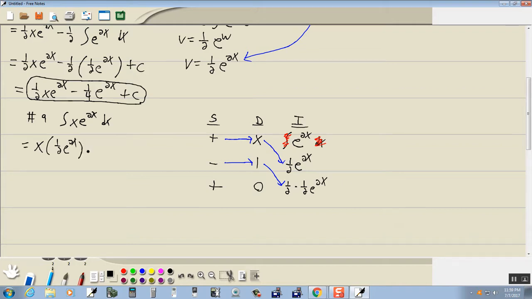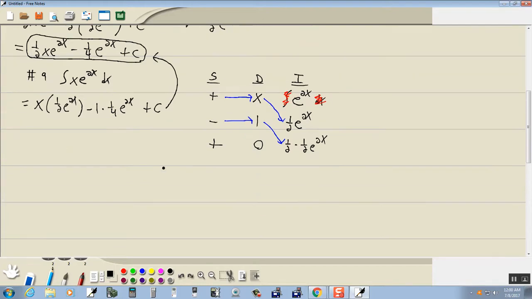Minus 1 times 1/2 times 1/2 is 1/4 e to the 2x, and then we add on our plus c, which gives us this answer right here. Some people like this table because it's a very quick way to find the answer.